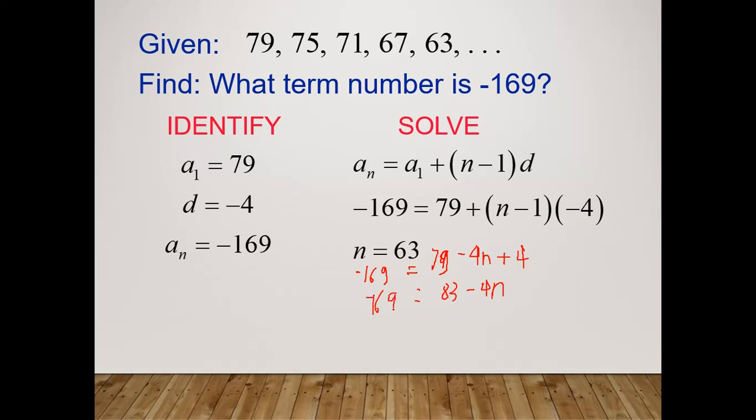Okay, so by transposing 83, so this becomes negative 169 minus, kasi magiging minus ang 83, so minus 83, equals negative 4n. Okay, negative 4n.